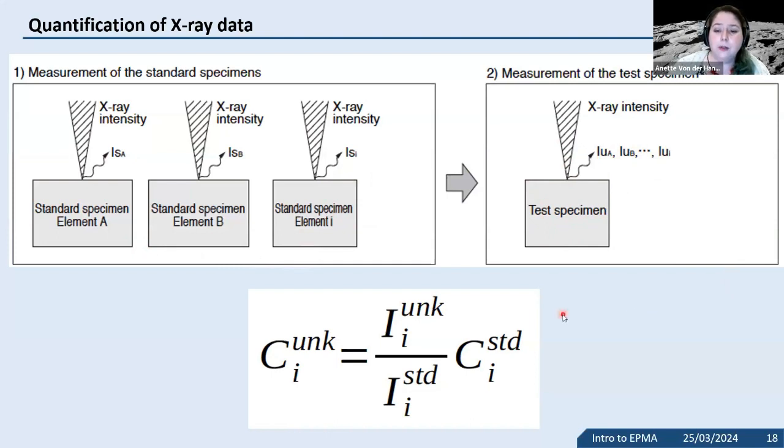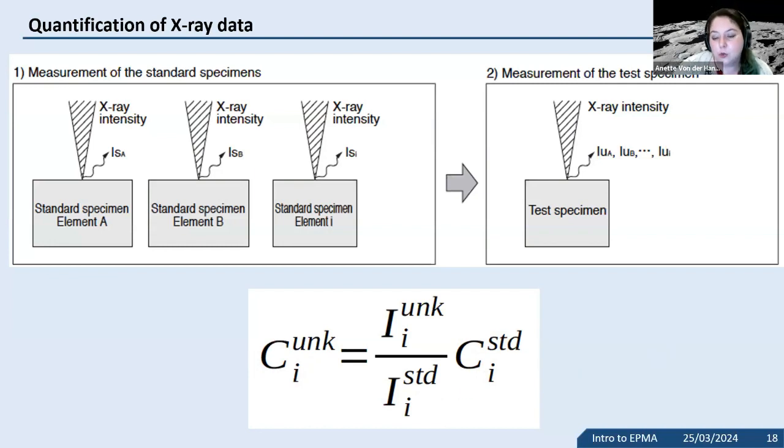And then in a very, very simple way, which is called Castaing's first approximation, Castaing essentially is the inventor of the electron microprobe, we can then relate these intensities relative to the intensities in the standard. We know what the composition of the standard is, and thereby know what the composition of our unknown is if we analyze it for all the different elements.